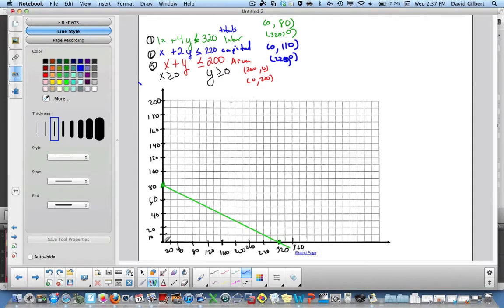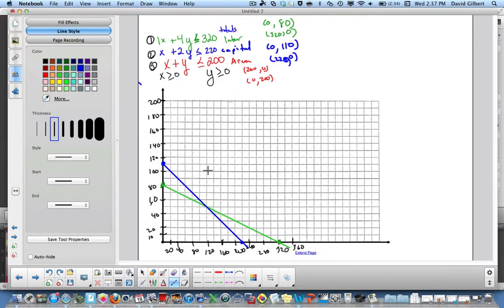That's 0, 110, which is going to be right here, and then 220, 0. Now I do my line. And that looks like it meets exactly there, and actually it does.